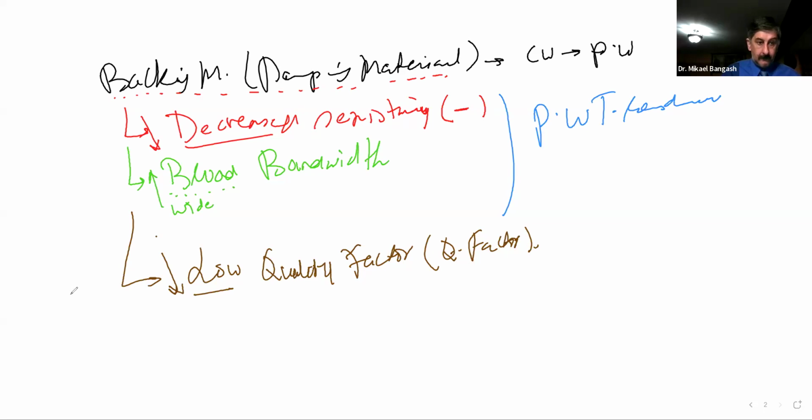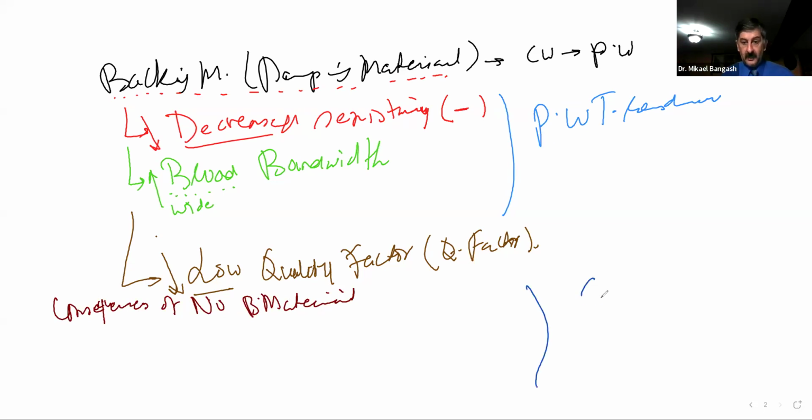Now, let's put it this way: consequences of no backing material. What will be the consequences of no backing material? And where will we see that? Those will be seen in a continuous wave transducer, and I hope you guys know that it goes under other names as well.